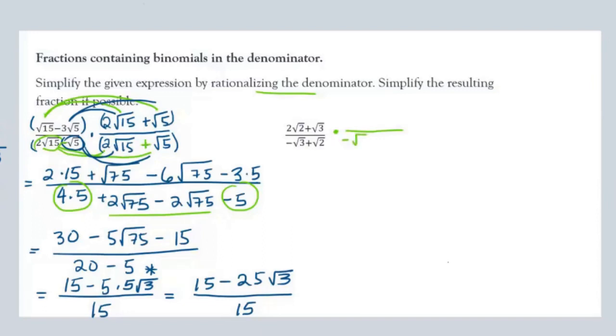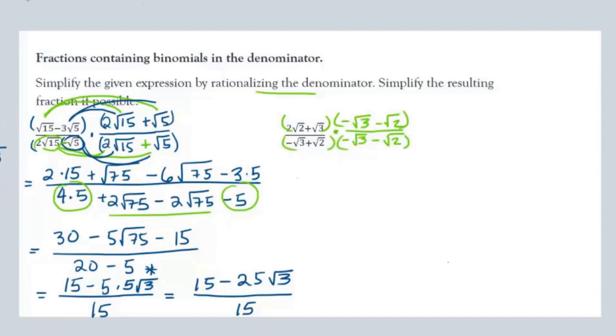I'll keep the first term the same, so that's negative root 3, and rather than positive root 2, we'll subtract the square root of 2. If I multiply the denominator of the fraction by negative root 3 minus root 2, of course, I have to multiply the top of the fraction by negative root 3 minus root 2 as well. Again, it might help you to include those binomials in brackets so that you can clearly see what you're multiplying.